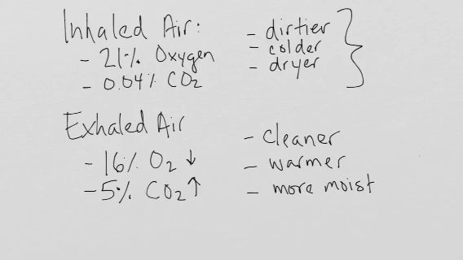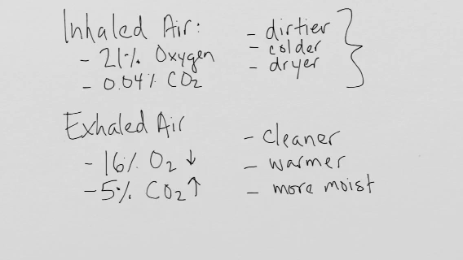That's why we don't say, well, no, if I give this person artificial respiration, I'm just going to be blowing carbon dioxide into their mouth. Yes, you'll be blowing some, but there's still a high enough concentration of oxygen there that they're going to get the oxygen they need. Okay? So you need to know the difference between inhaled air and exhaled air.